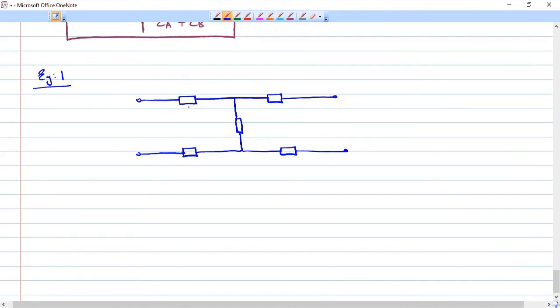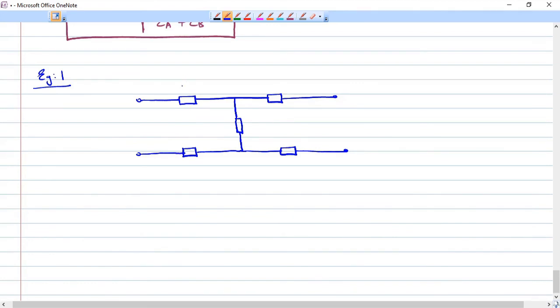So the application is that a normal T network that we are drawing is not balanced, because in one line we have two series elements and in the other line we don't have any series elements. So in practical cases we go for this kind of T networks, in which the impedances are balanced in both the conductors.